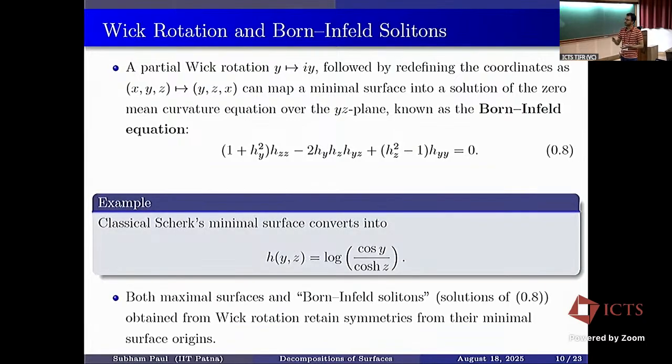The same classical Scherk's minimal surface, when we perform this Wick rotation and the process mentioned above, gives a Born-Infeld soliton, that is, a solution of equation 0.8. It is expected that after this Wick rotation, the symmetries inside Scherk's minimal surfaces are retained in these solutions also.